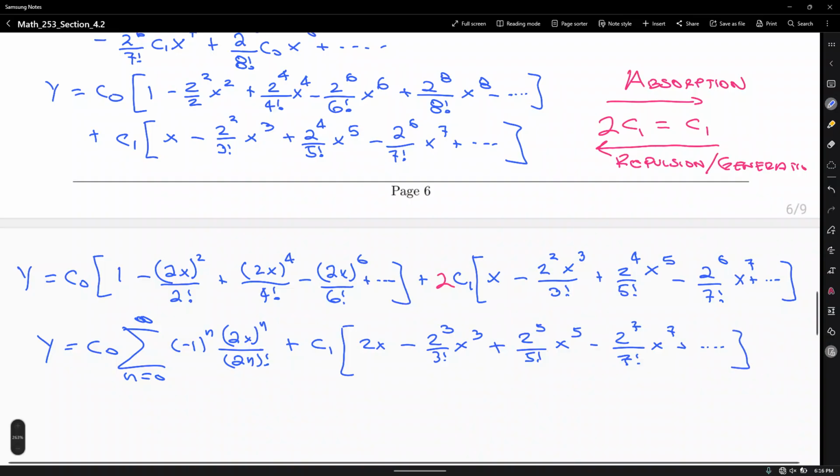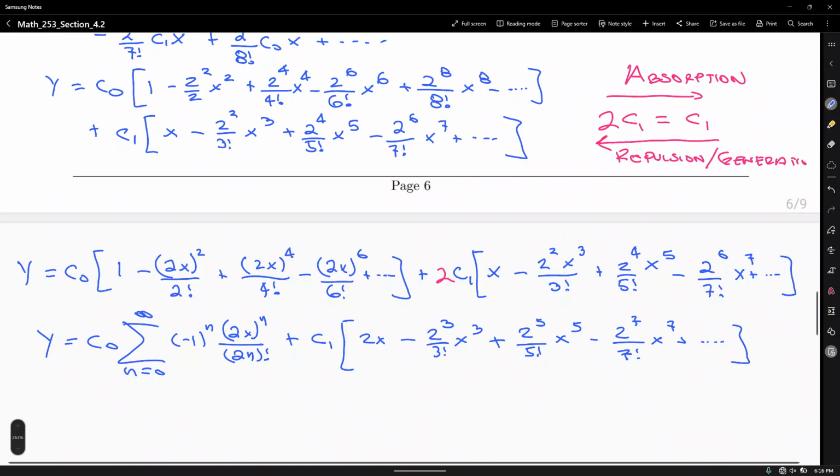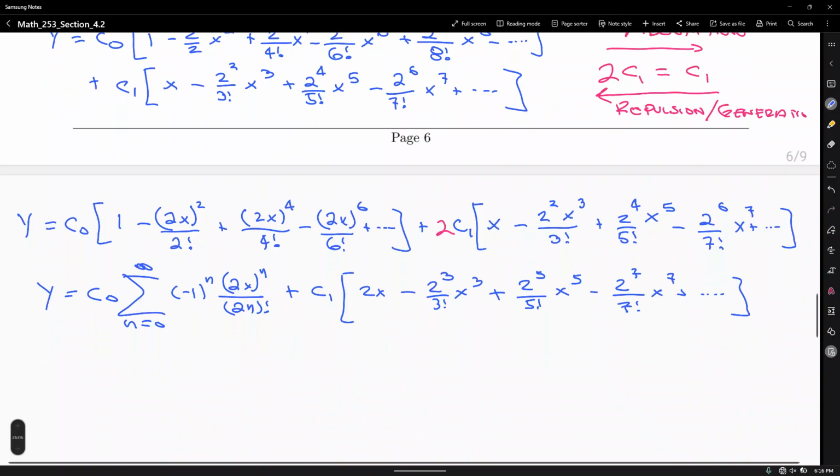Now we can write this as a series, don't we? Not yet. y equals c sub 0, sigma n equals 0 to infinity, negative 1 to the n, 2 to the n, x to the n, over 2n factorial, plus c sub 1 times 2x plus.